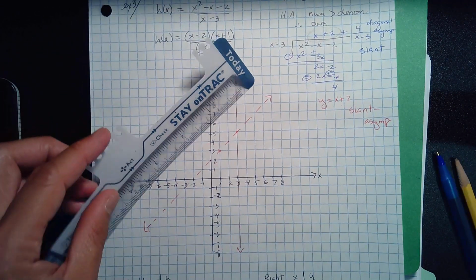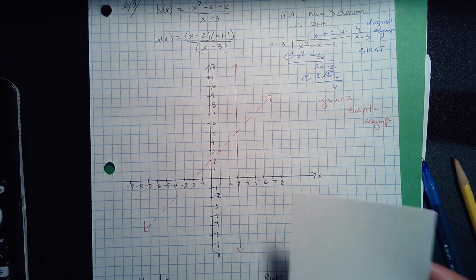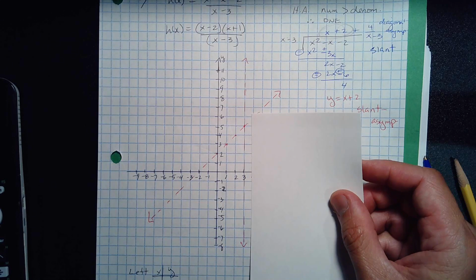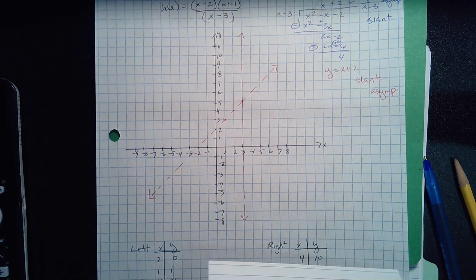So again, what we're going to do is we're still going to find numbers based on the vertical asymptote. So we're going to have 2 parts, the left of this and the right of this.